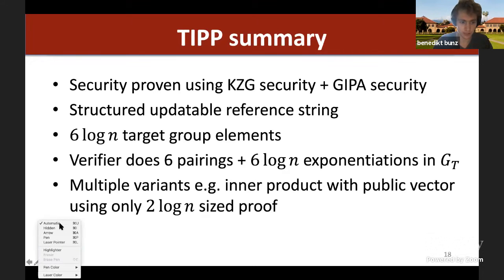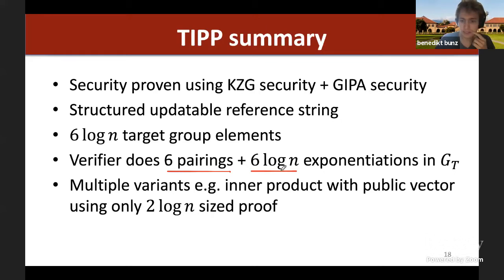So it is a trusted setup, but one that is updatable. And the important property is now that the verifier doesn't have to do linear work anymore, because the one expensive computation step we've outsourced to the prover. So the verifier only performs 6 pairings and 6 log n exponentiations in GT.